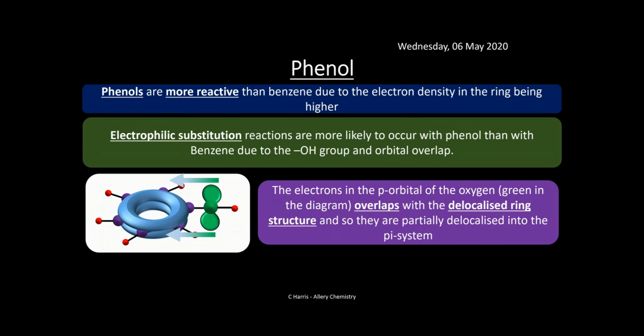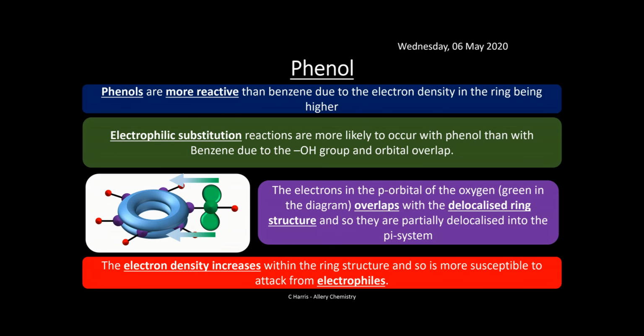So the electrons in the p orbital of the oxygen, that's the green one here, overlap into the delocalized ring structure that we can see there. And so this increases the electron density in phenols and, like I say, makes them more reactive. So that means they're much more susceptible to attack from electrophiles. And this is quite important because what we're doing is comparing and contrasting reactions of benzene with phenol. And phenol has far more successful reactions because of this.